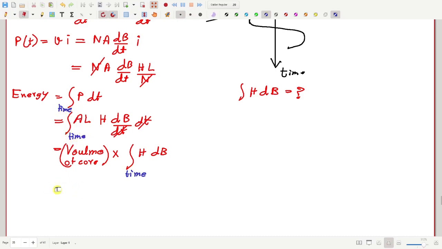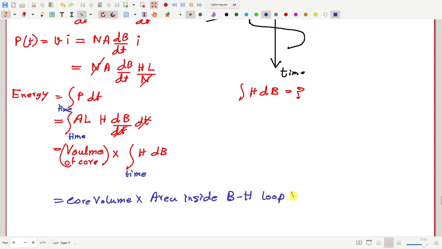So this will finally become the core volume into the integration of H dB integrated over time, which will be equal to the area inside the BH loop multiplied by the number of times we traverse the loop in the given time.